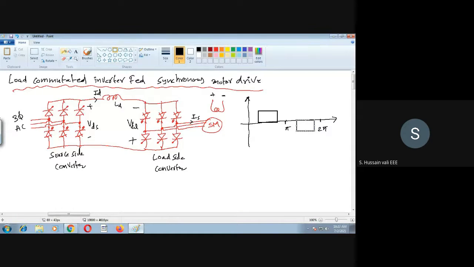This you know. Something like this. What is the duration of this? 120 degrees. What is the height of this? ID is the height. So this is the waveform of IS, one phase current. I hope you know how we got this, perhaps even in the power electronics course itself.